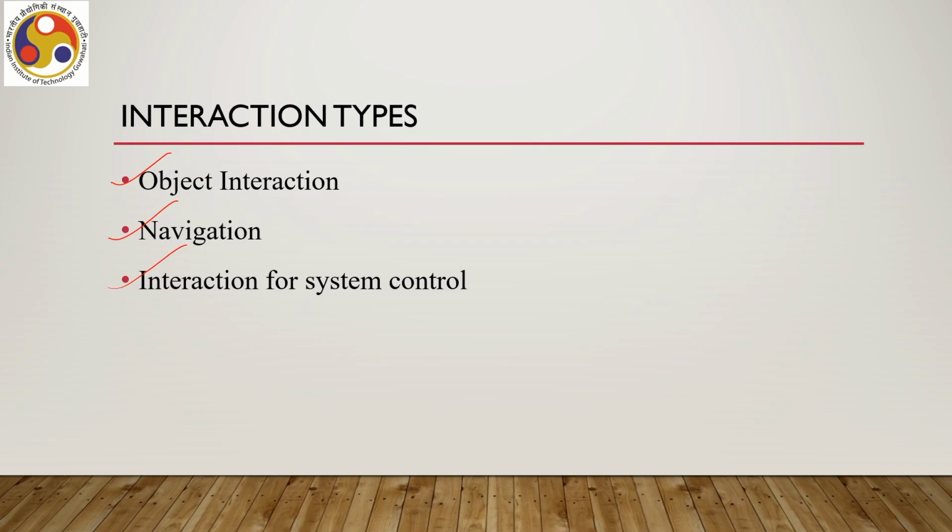Object interaction means selection and manipulation of objects that are part of the virtual environment. Navigation means moving from one point to another in the virtual environment, and interaction for system control means the interaction required to change several system related settings. We will talk about these interaction types in subsequent parts of the lecture.